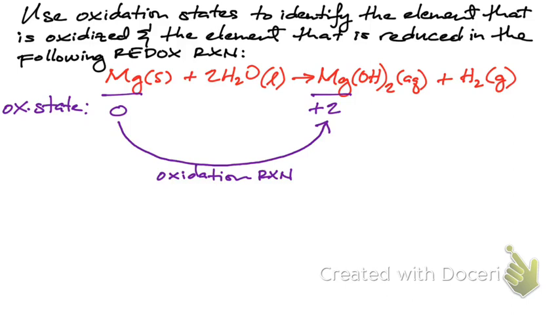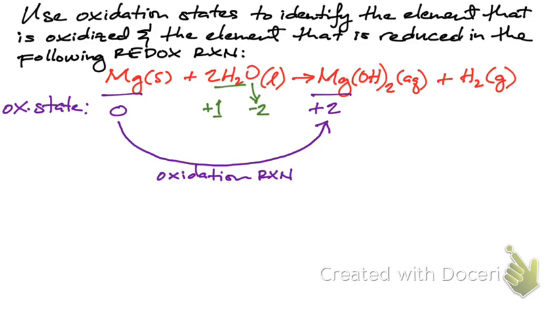Okay, and then you can take a look at the oxygen and the hydrogen in water, H2O. So oxygen takes priority here. It'll receive a -2 oxidation number, and hydrogen would have a +1. Okay, and so when you look at the hydrogen gas on the right-hand side, on the product side, hydrogen gas is a homonuclear diatomic, and so it would have a 0 oxidation number.